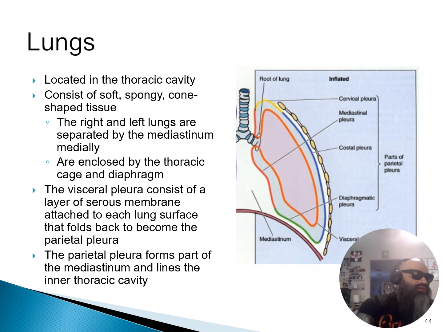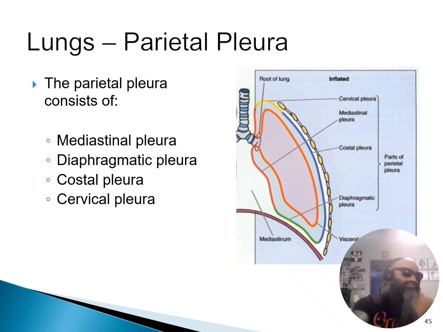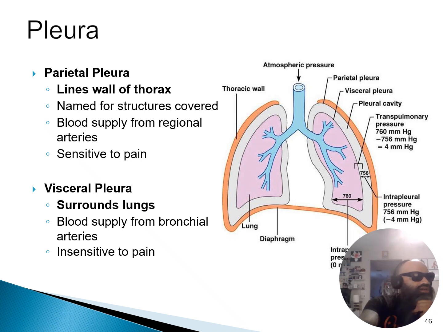So get familiar with that. This is what the parietal pleura consists of. If you can see in this diagram, this whole area consists of your parietal pleura, and all those four structures found here in the slide.